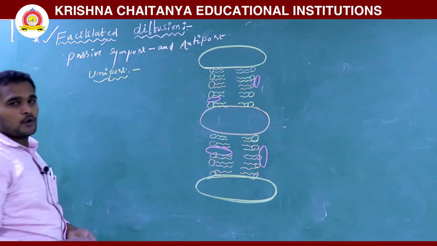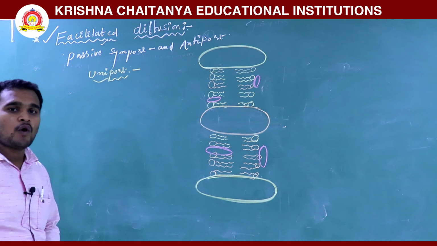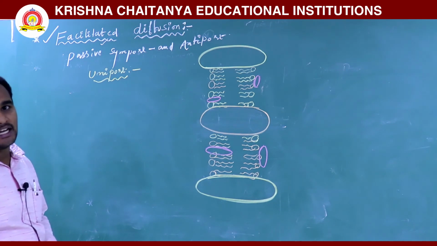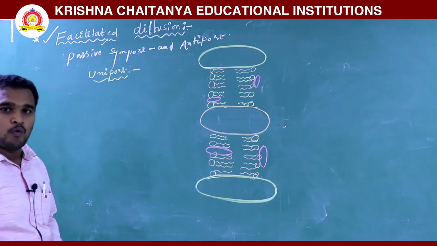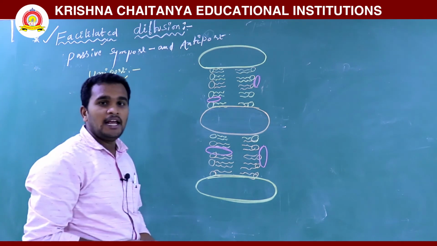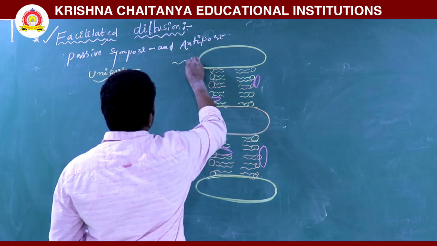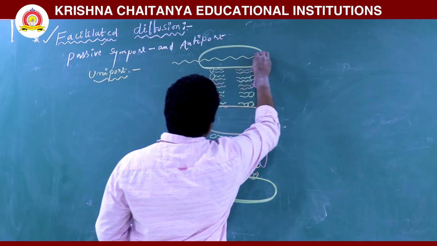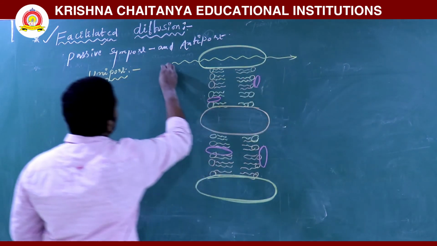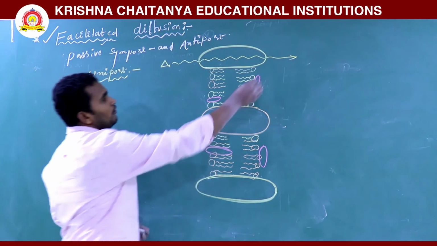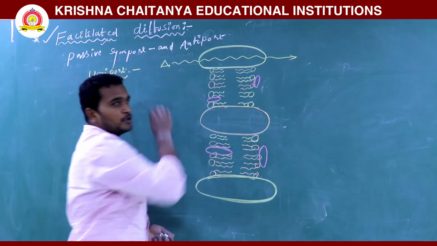In uniport, the transporter protein allows only one molecule. It moves independently in only one direction. It does not allow any other molecule, so that is why it is called a uniport. For example, only A molecule passes, but it does not allow B molecule, in the same or opposite direction.